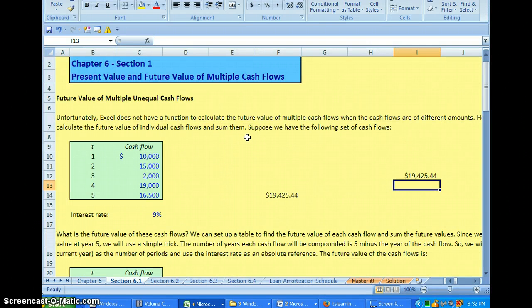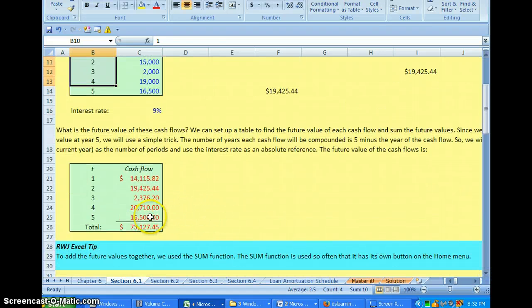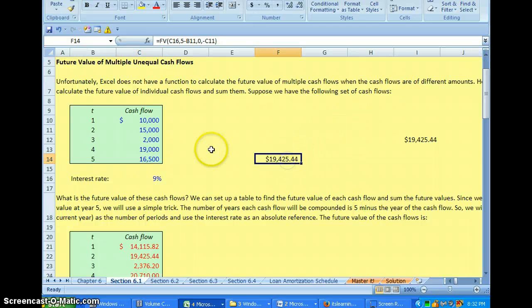This is on It's Learning, and this is the Project 1 information we talked about. This is future value of multiple unequal cash flows, just like we're trying to solve for problem number 3. And what you have to do here is this is the outline, this is the problem, and these are the answers right here. So we're going to do the first one together.